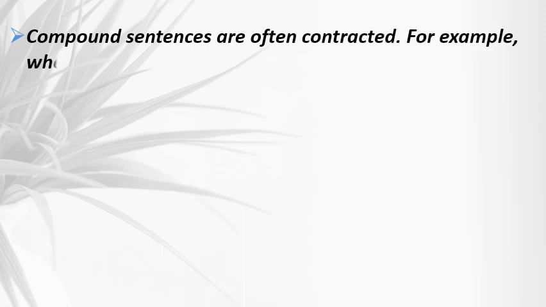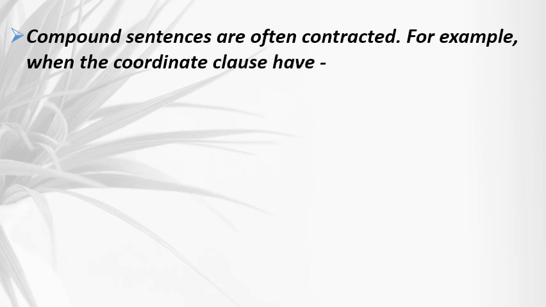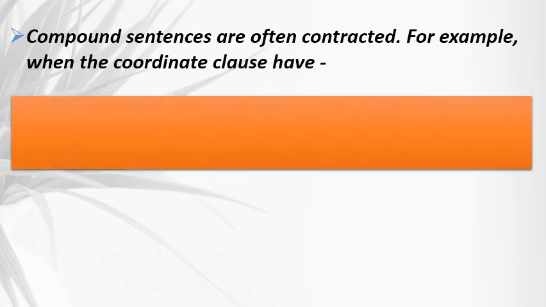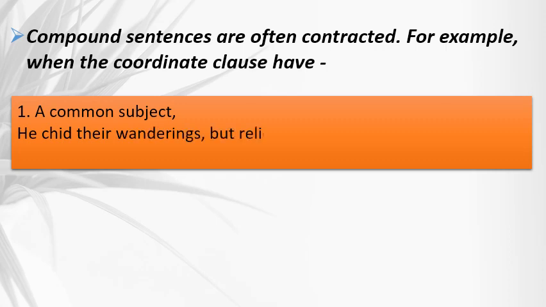Students, remember one thing, compound sentences are often contracted, means reduced. For example, when the coordinate clauses have a common subject. To clarify this point, let us see an example. He chid their wanderings, but relieved their pain. So here the meaning of chid is criticize.